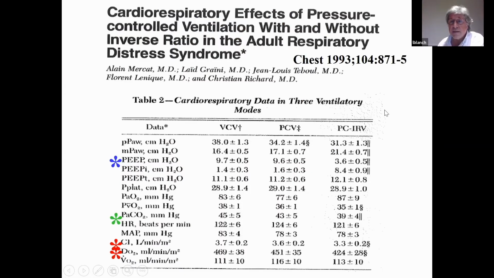When all the studies compare mechanical ventilation in ARDS using inverse I:E ratio, so longer inspiratory time, longer inspiration than expiration, we will see that the PaCO2 in those patients in pressure control with inverse ratio ventilation goes clearly down, as you will see here.